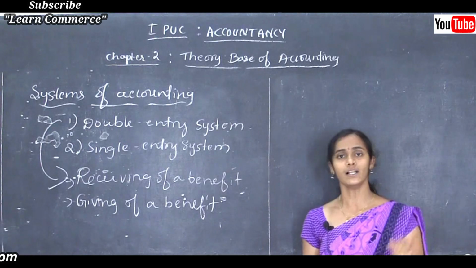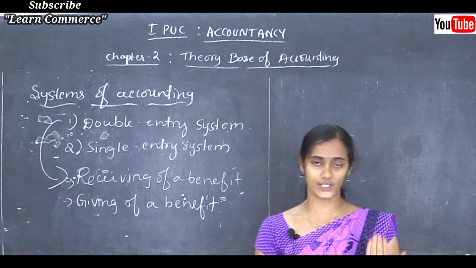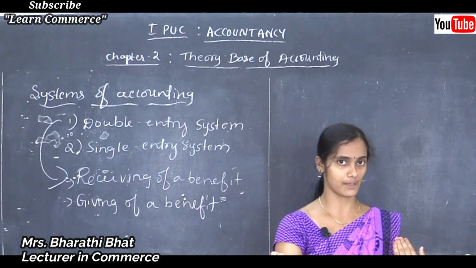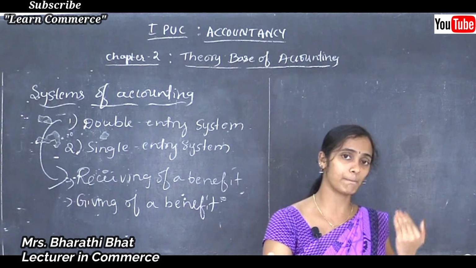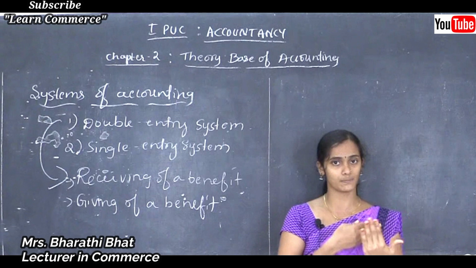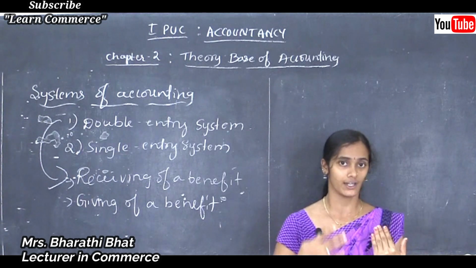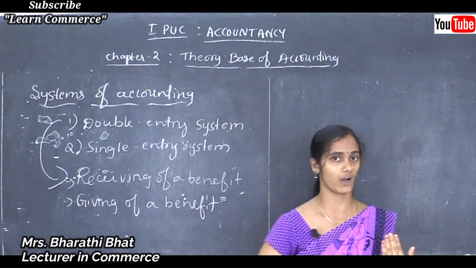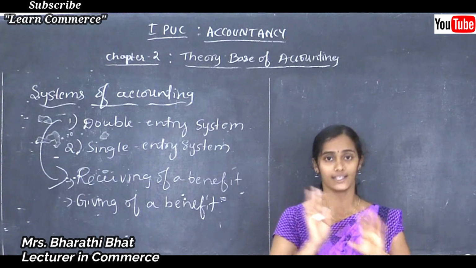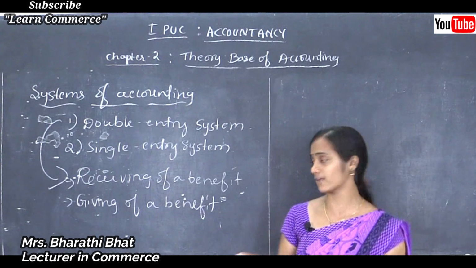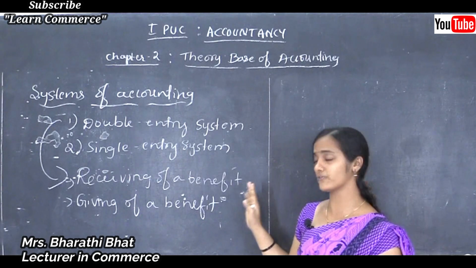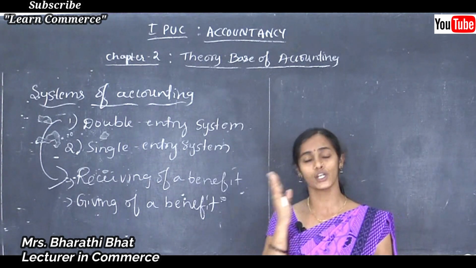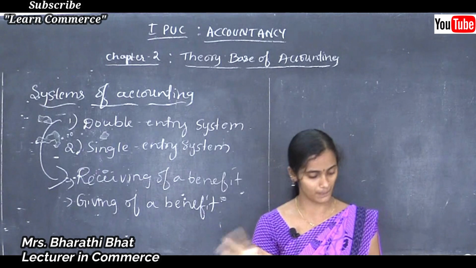For example, purchase. When purchasing something, we need to pay something. We can receive some chocolates by paying ₹100. So chocolate is received, and 100 rupees is paid out. That is, each and every transaction affects at least two different accounts. It should be recorded in two different places.